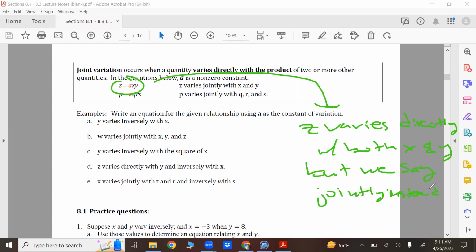I'll do it on the board. Okay, let's go back to construction again. So let's say C is the cost of the kitchen remodel. C equals K times the number of workers times the hourly rate per worker.